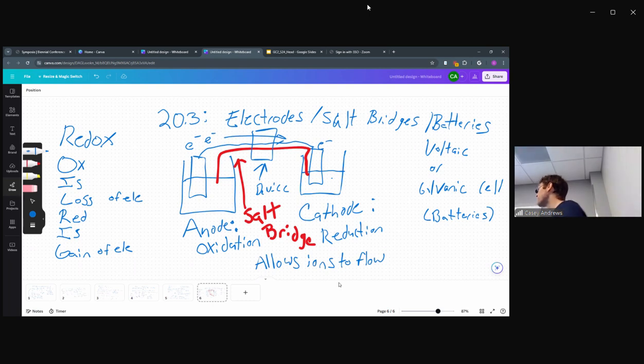Because let's think about what's happening on a chemistry front. Electrons are going towards your cathode. That means your cathode is going to become negatively charged. Electrons are leaving your anode. Your anode is going to be positively charged.